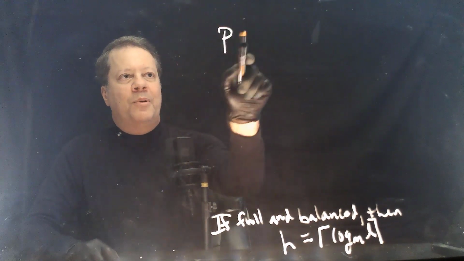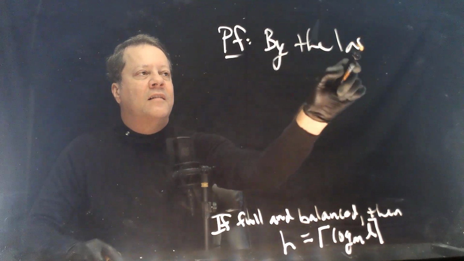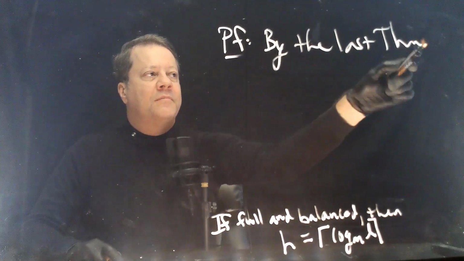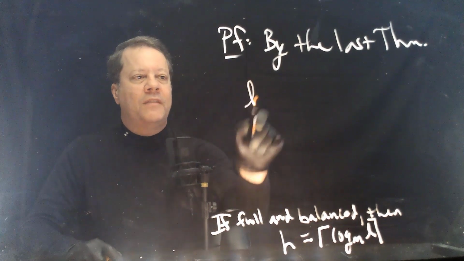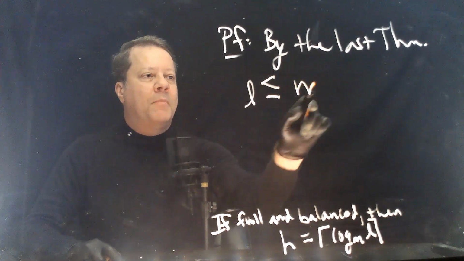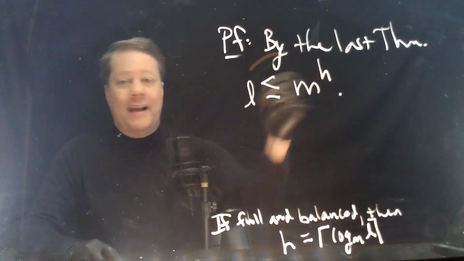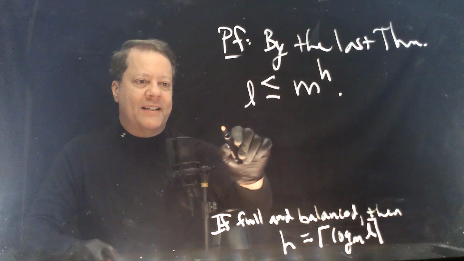So how are we going to prove such a thing? By the last theorem, the number of leaves is less than or equal to m to the power h. So if we're trying to solve for h, we need to take the log base m of both sides.